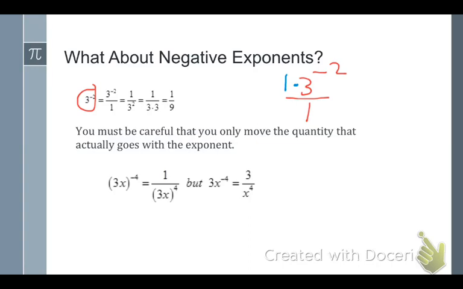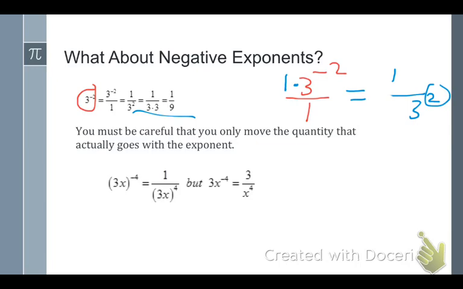So when you change the position of the 3 in the fraction, that 1 stays there, but the negative 2 goes with the 3, so you're going to write it multiplied by the 1 down here instead, but you're going to change the sign of the exponent to be positive. So you're going to leave the 1 up there, and we don't usually write the 1 underneath, so we'll just take that out. And we don't need the times sign if we don't have the 1. So that's where the rest of this explanation comes from.